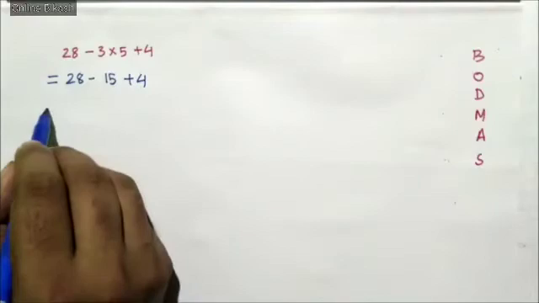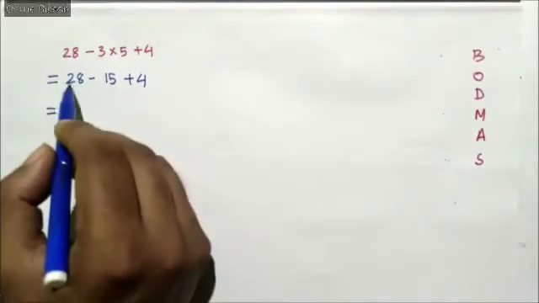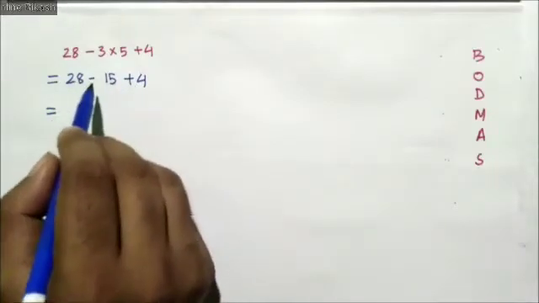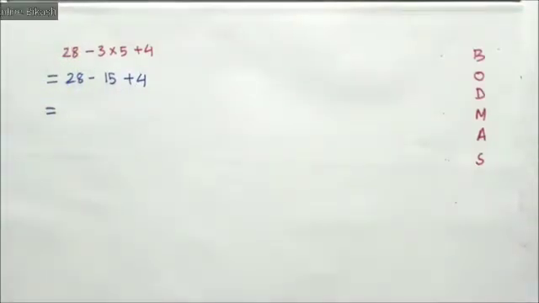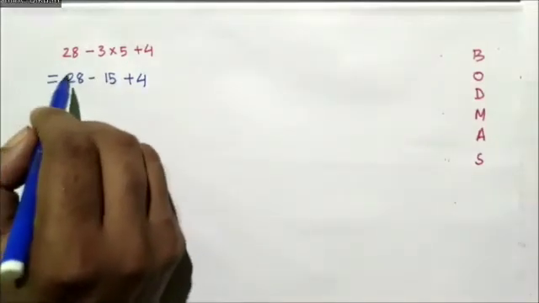After that, now we only have minus and plus. Simply 28 and this plus 4. Just ignore this minus. You have to add all the numbers having the same sign. Now here the 28, what sign is in front of this 28?